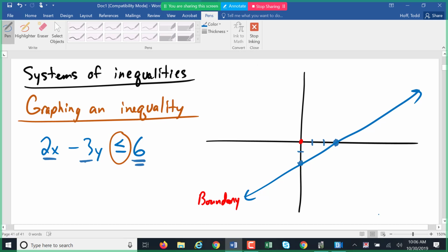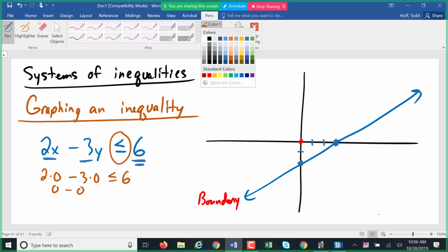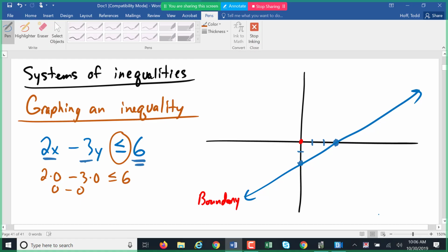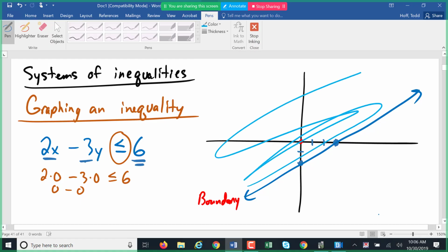So if I put that in here to test, 2 times 0 minus 3 times 0, is that less than or equal to 6? Well, yeah, 0 minus 0 is 0. That is less than or equal to 6, which tells us we're shading that side of the line.